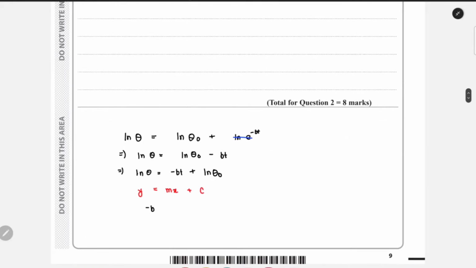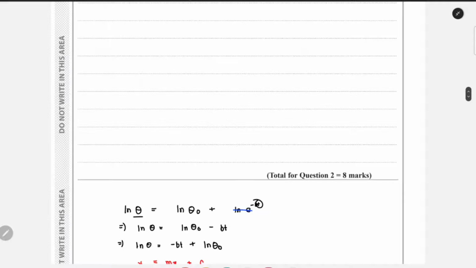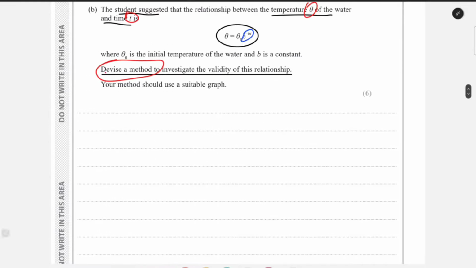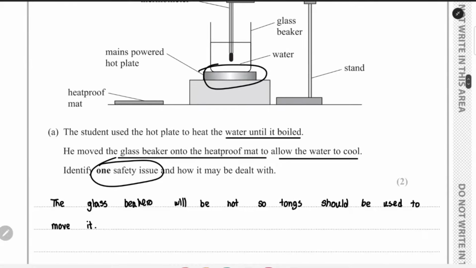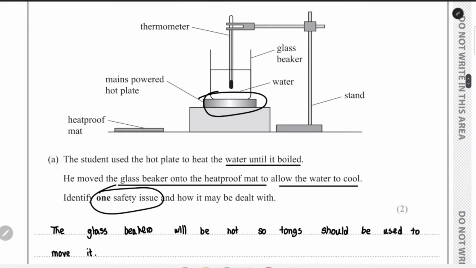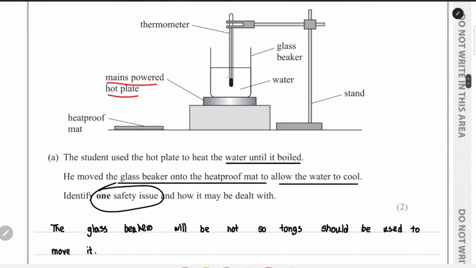For this we need to measure theta and t. So we can measure the time t using a stopwatch. Now we'll measure the initial temperature of the water and then turn the mains powered hot plate on.